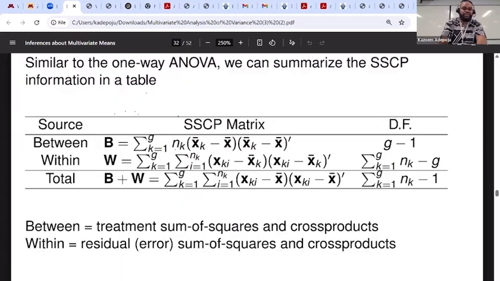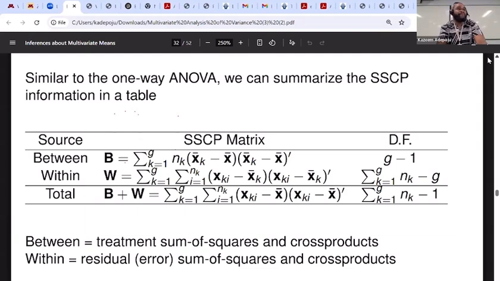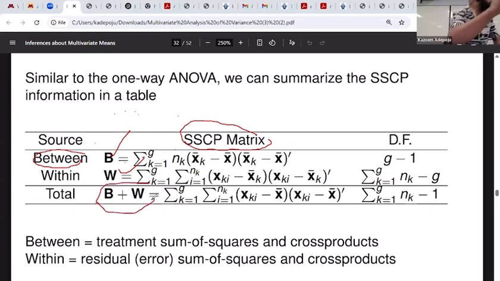Now, how do we set up the table? Please pay attention. We have a one-way ANOVA table. We also have a one-way MANOVA table. So in the source of variation, I'm going to have between. This is going to be called the sum of squares and cross product matrix. You can see this is the B, the W. Then the total is just going to be B plus W. Do you remember when we were doing addition and subtraction of matrices earlier in the semester?